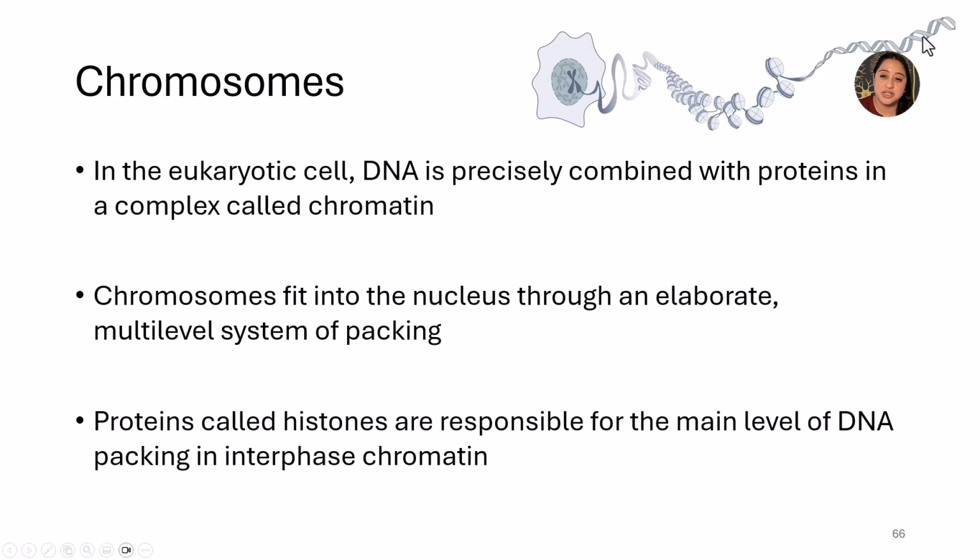So here's loose DNA in this figure wrapped around these histone proteins, and then they get wrapped even tighter and wrapped even tighter. And that's how they get put into chromosomes, and that's how they can all fit into the nucleus. And so those proteins are called histones, and they're responsible for the main level of DNA packing in interphase chromatin. So usually chromatin is a little bit more loose, but then when it comes to interphase, they're going to get more packed.